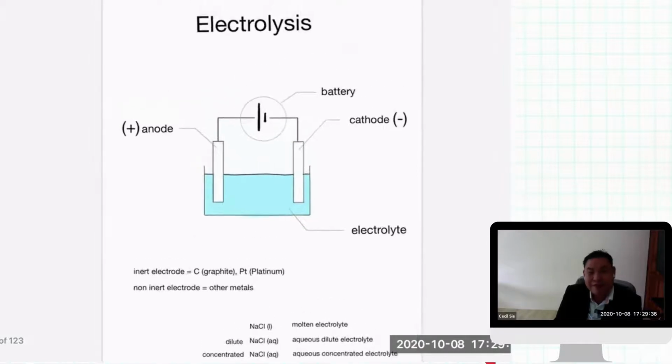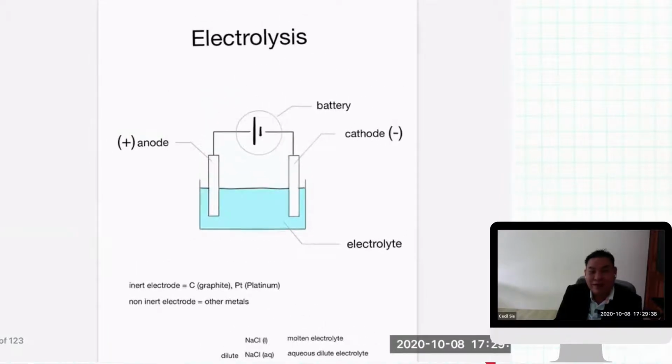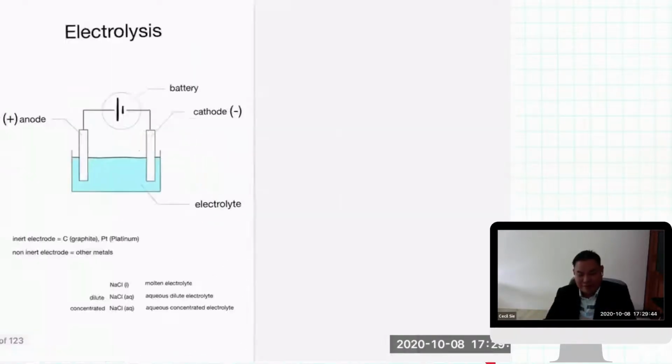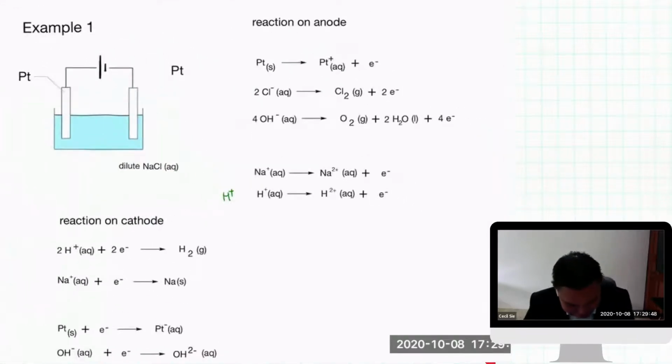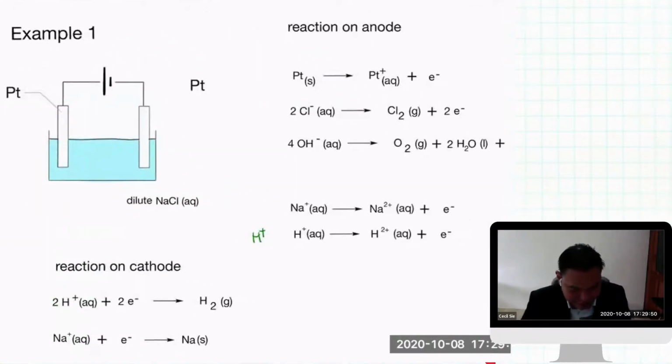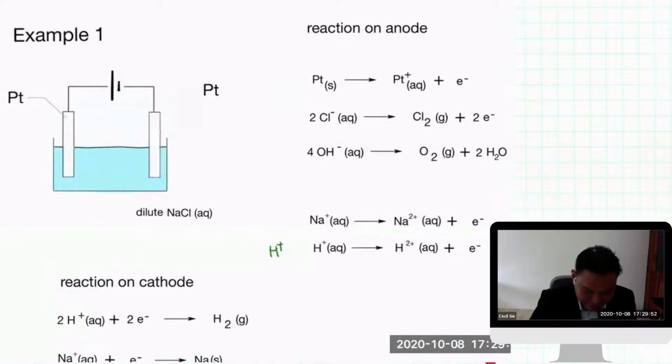Yes, so that's it. We are going to analyze 4 examples. The first one, a simple one. Both the anode and cathode are platinum.